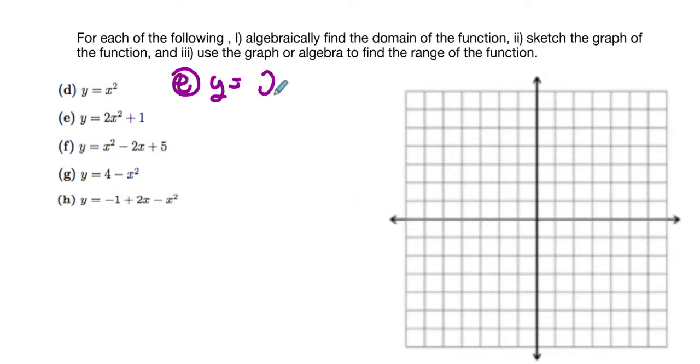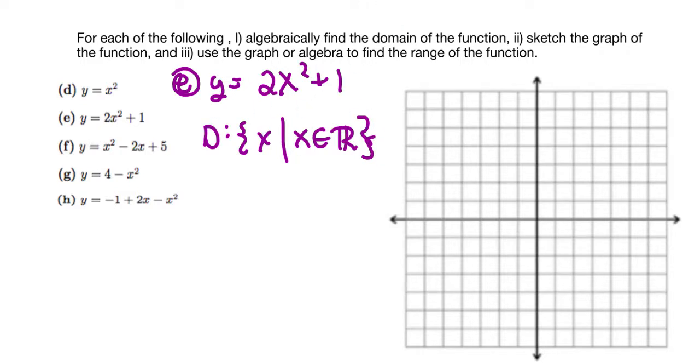Looking at E, y is equal to 2x squared plus 1. So my domain, again, is x such that x is an element of the real numbers. That's going to be the case for all parabolas that we're looking at here. Domain is always x an element of the real numbers, because if you have a parabola, you never have x in the denominator of a fraction. You never have x underneath an even radical. Then I'm using my calculator to sketch some points.